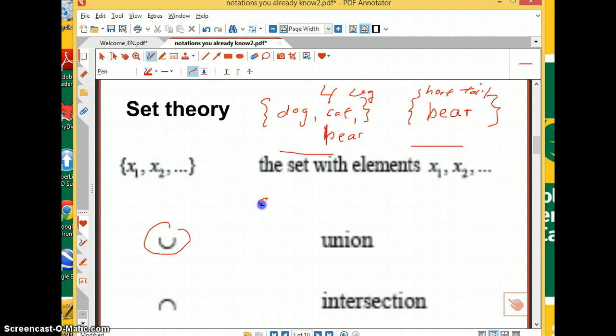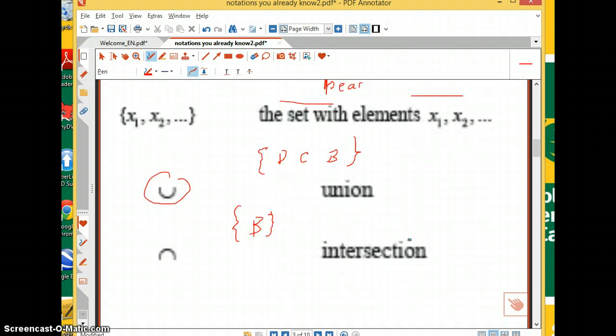So the result would be dog, cat, bear. For the intersection, you just want to find things that are in both four-legged animals and short-tailed animals, so it would be just bear, right? So intersection just looks at things that are in both sets, and union looks at every single element in either set.